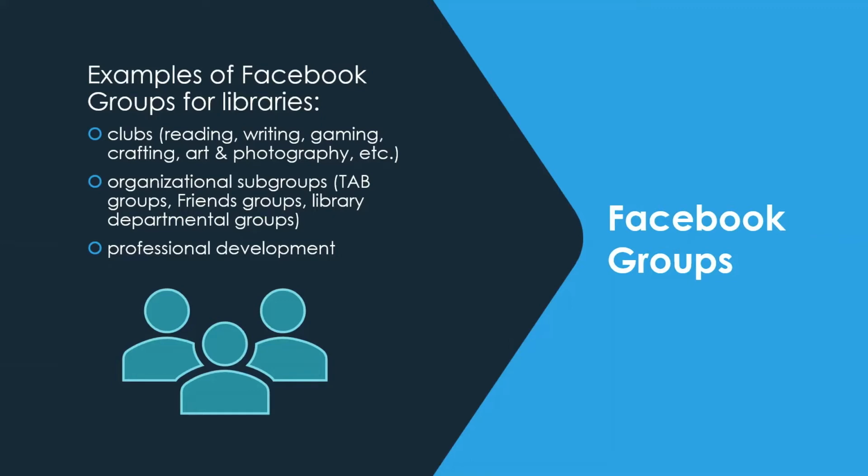And also you could do professional development Facebook groups for staff development, or if you're attending a conference, or if you're putting on a conference, you can do Facebook groups for those as well.